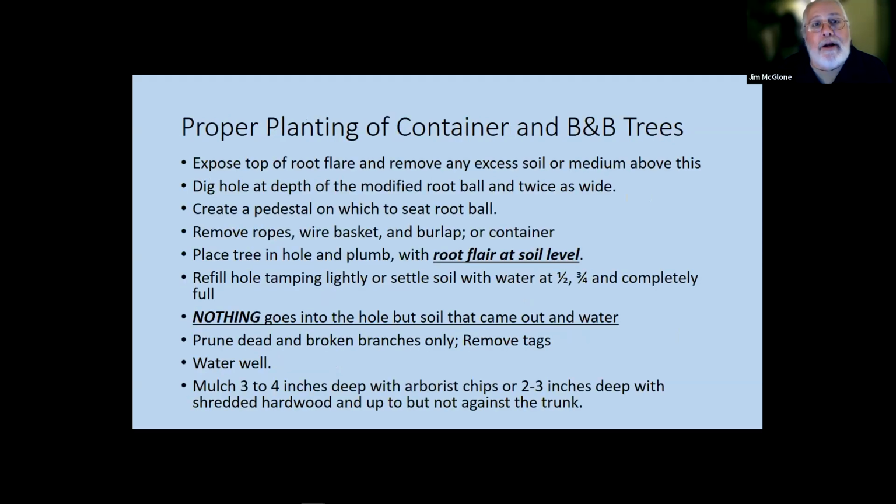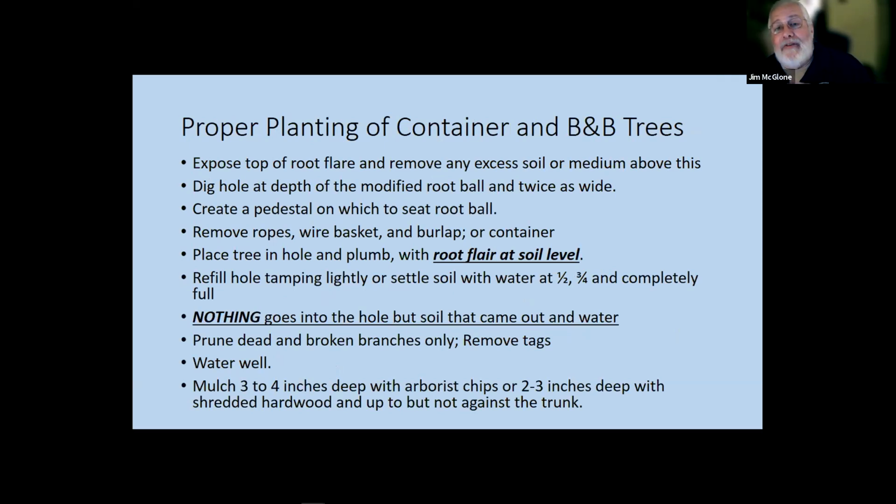So the first thing you want to do is expose the top of that root flare and remove any of that excess soil, or actually growing medium for the container trees, because it's not really soil in those pots, down to that root flare. Once you have done that, you want to dig a hole that's the depth of that modified root ball.